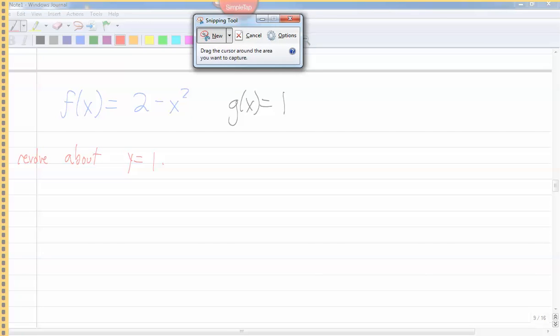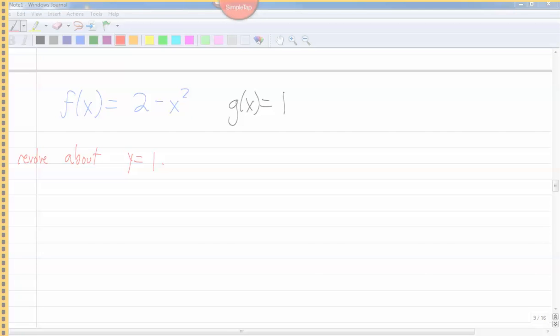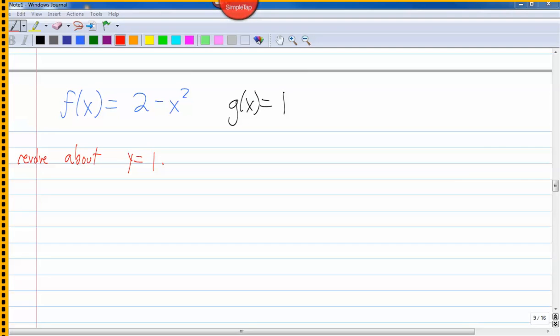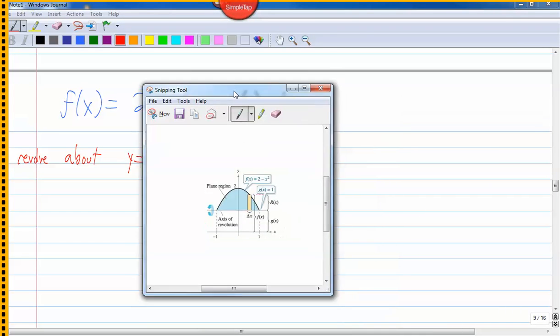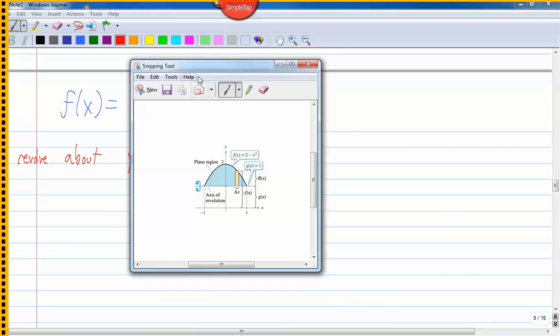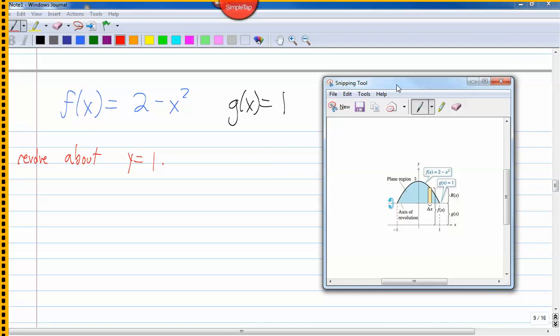And so if you do that, you're going to get a graph that kind of looks like this. Okay? So this line right here, that's 2 minus x squared. Of course, your graph would probably come on down, and that's okay. This line right here from left to right, this is g of x equals 1 or y equals 1. Same thing.